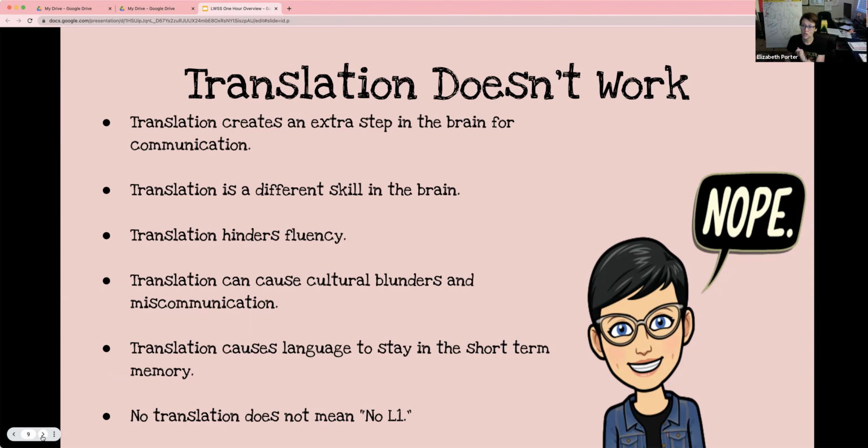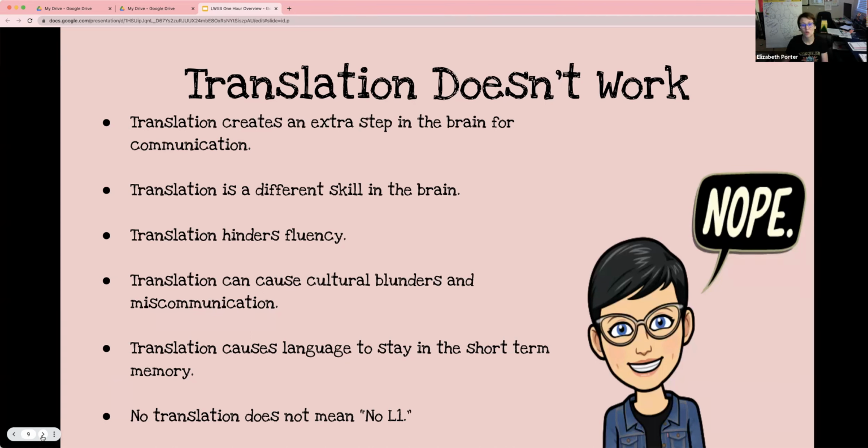Her native language is French, and the only language she can speak fluently is French. She cannot have a conversation in any of her translation languages, not a fluent one, because it's just a completely different skill in the brain.